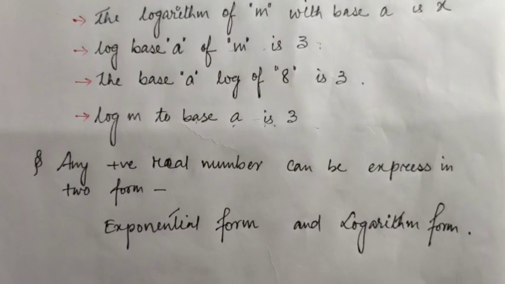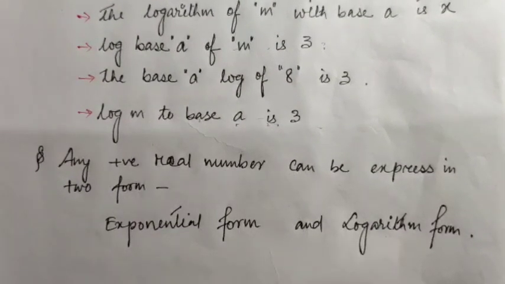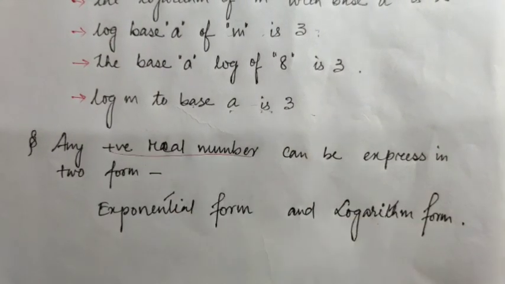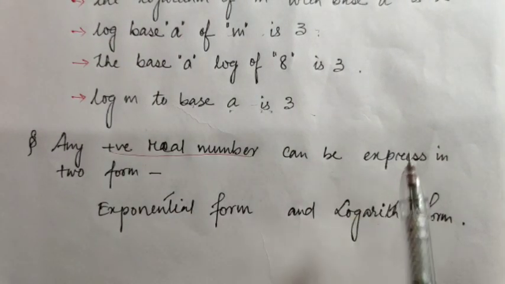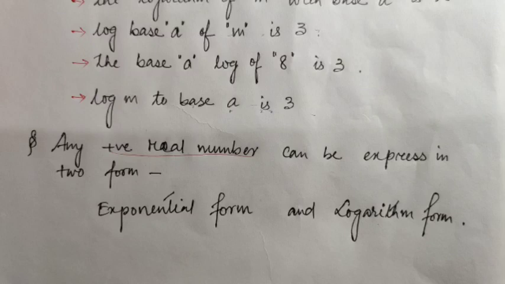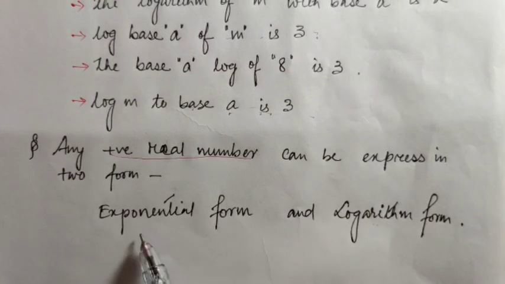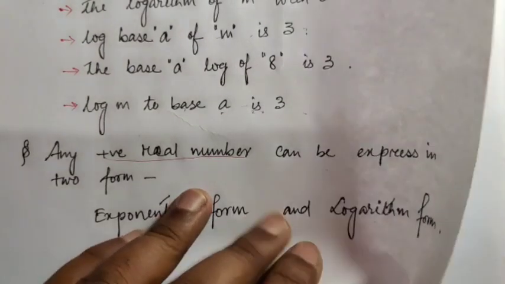Okay, now let us consider a real positive number. Now this real positive number you can express in two forms. One is exponential form and one is logarithm form. Already you are familiar with exponential form.